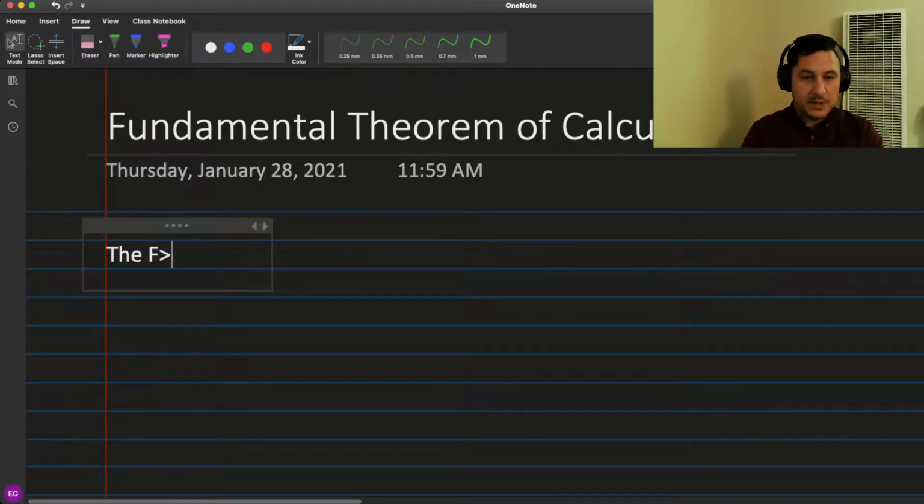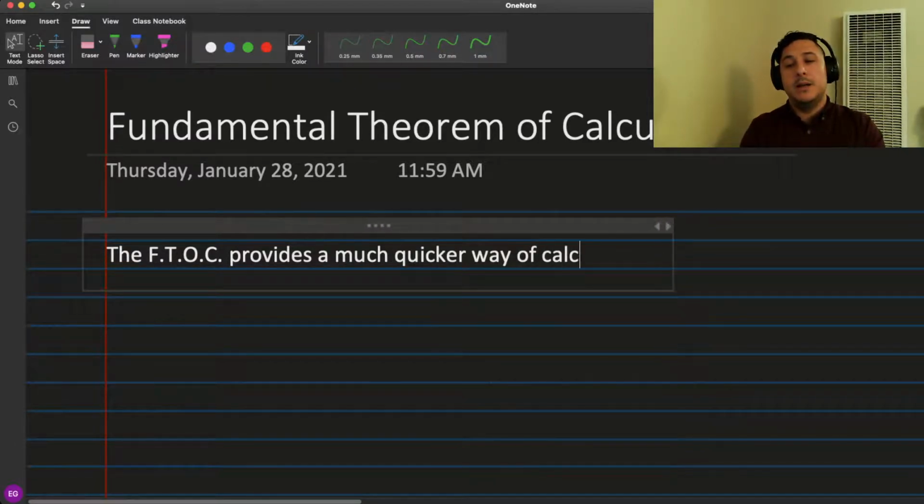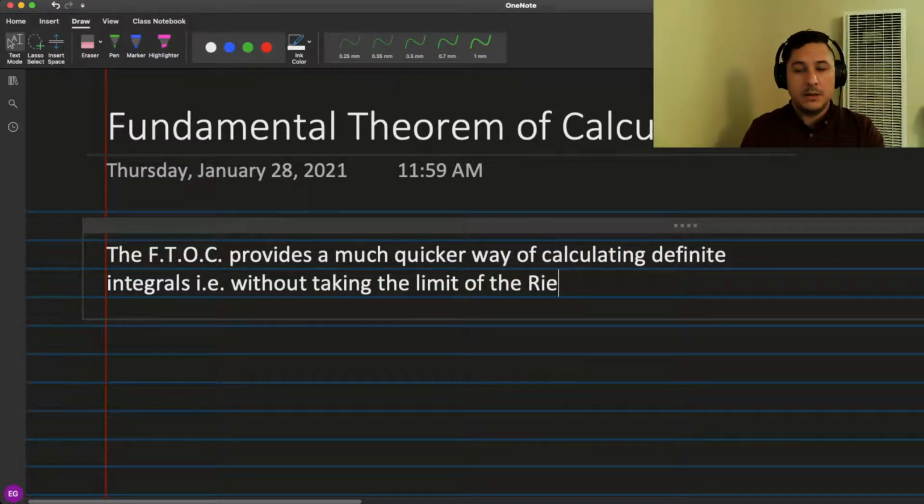Usually we just write it FTOC, Fundamental Theorem of Calculus. It provides a much quicker way of calculating definite integrals, i.e. without taking the limit of the Riemann sum.